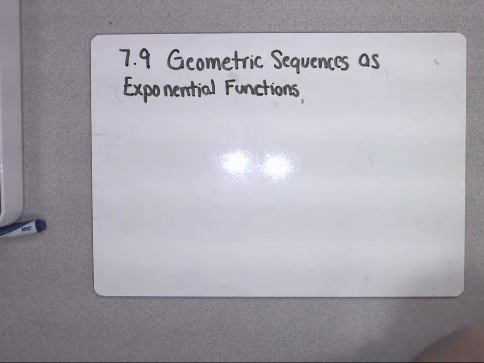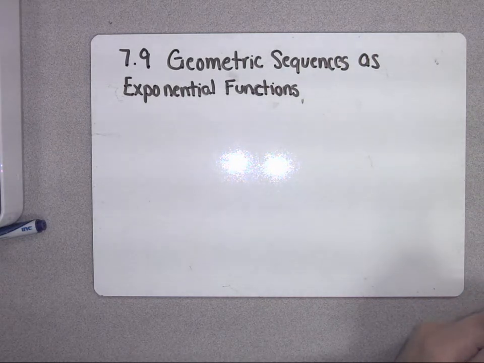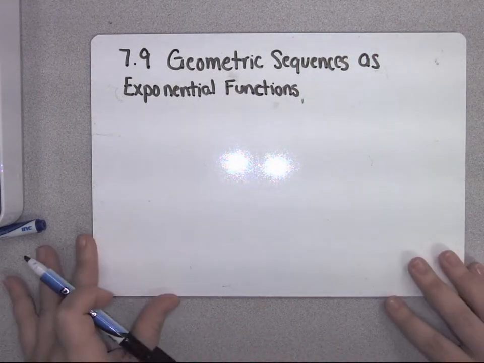That's literally the definition, a set of numbers in a particular order. Arithmetic means they're added together. Geometric, we are going to use multiplication. So that's literally the difference.